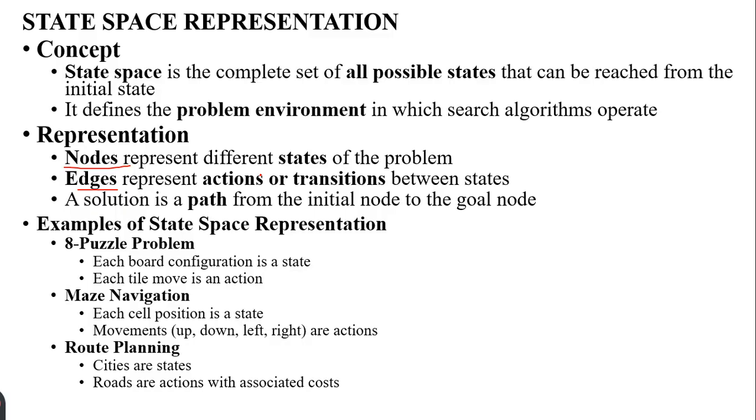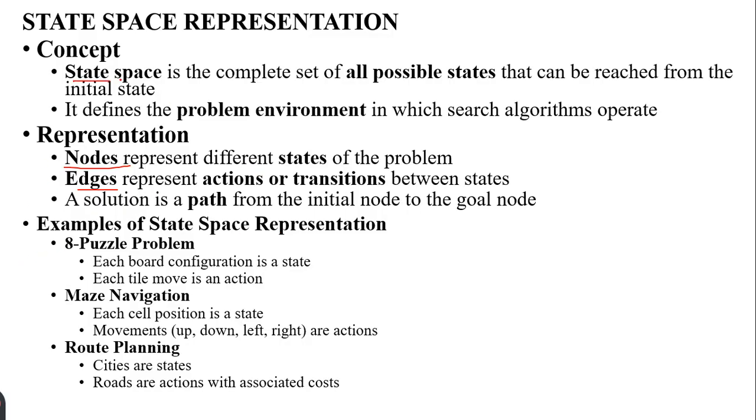The solution is a path from the initial node to the goal state. Examples of state space representation are the 8 puzzle problem, maze navigation, and route planning.